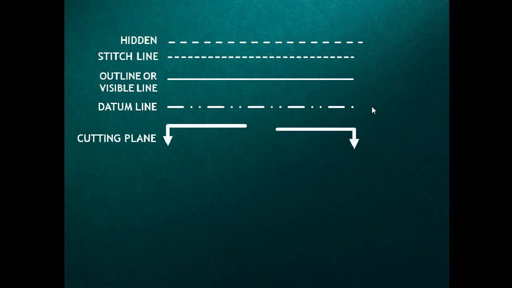Then the cutting plane represents a portion of an object or illustration that you're going to cut in whichever direction. In this example it's pointing downwards, but it could also be pointing right or left, depending on how it's laid out on the paper.